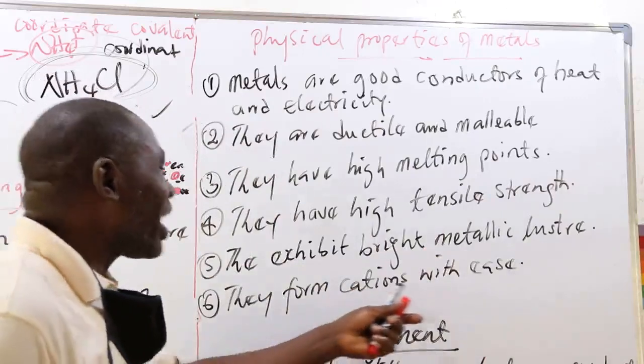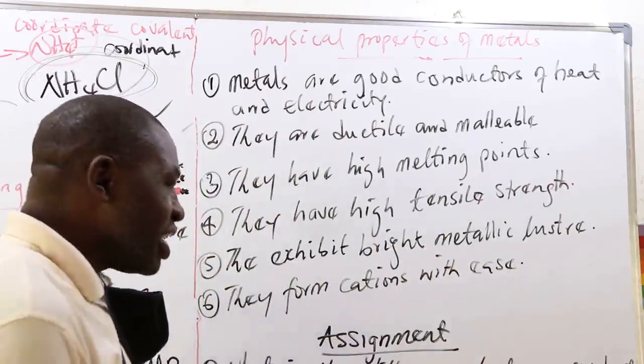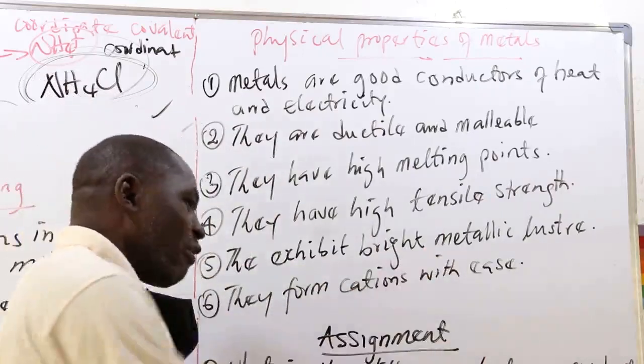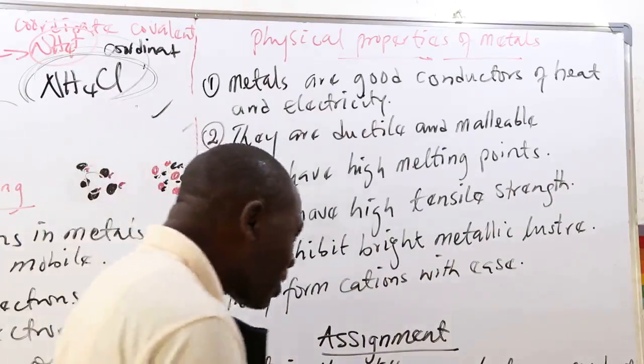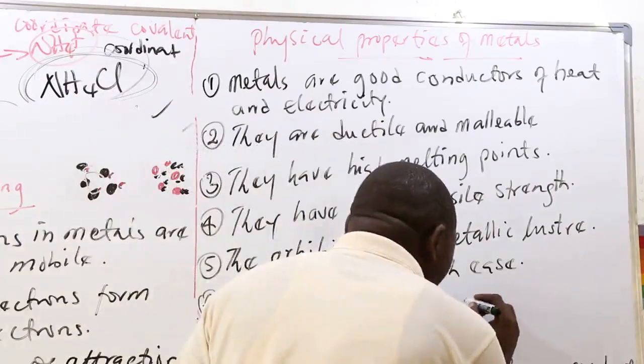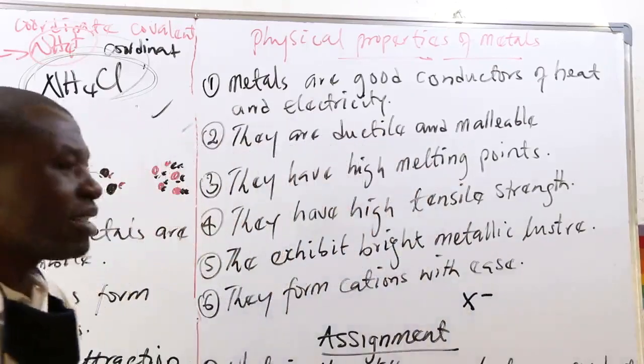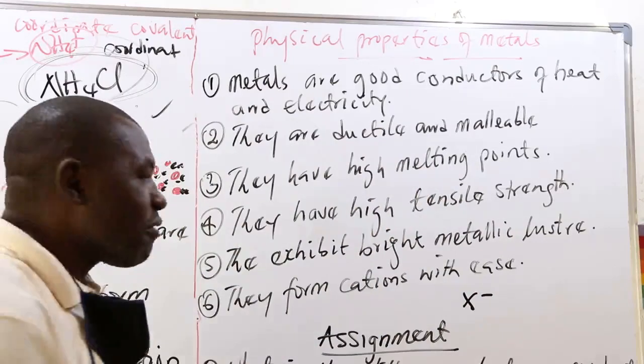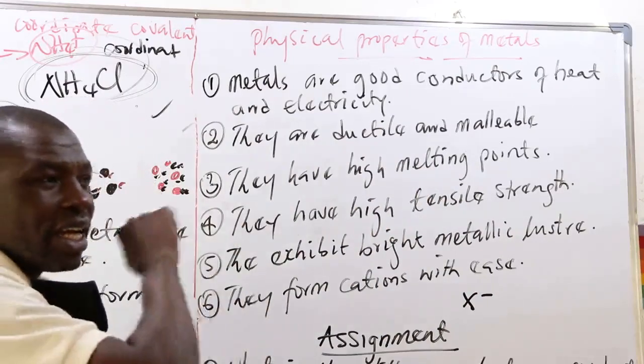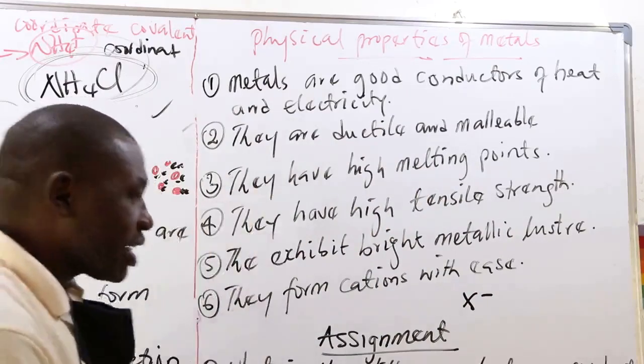Then they form cations with ease. This is one property of metals. Metals don't form negative ions. You don't see a metal, maybe X, with a negative charge. Metals don't form anions. They don't form ions with negative charge.